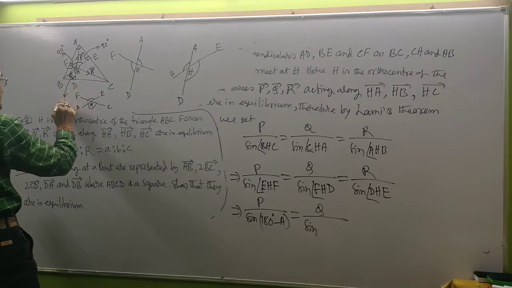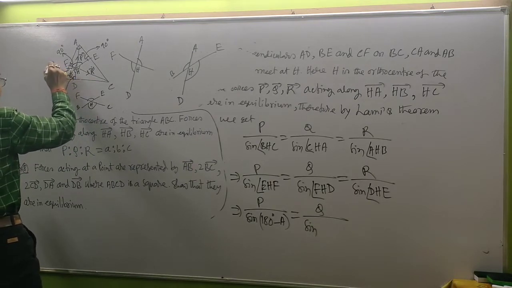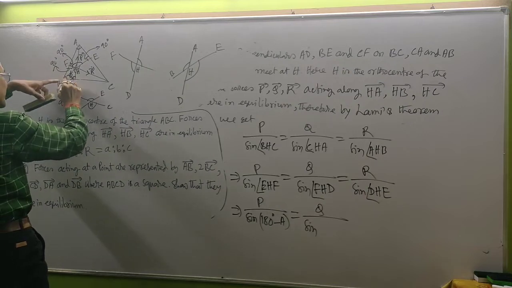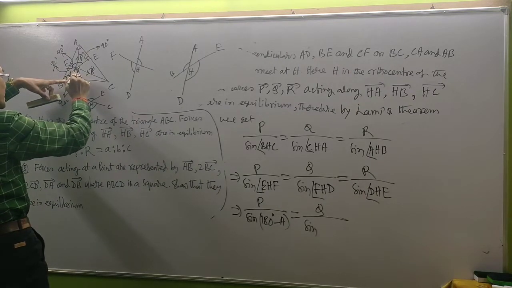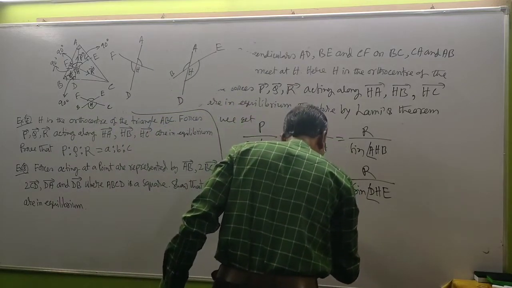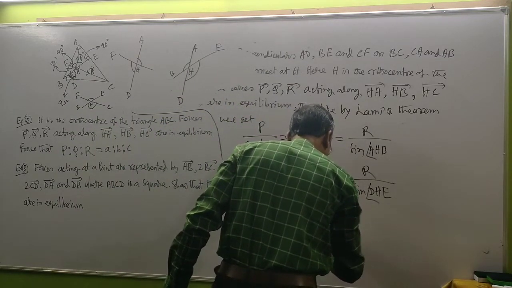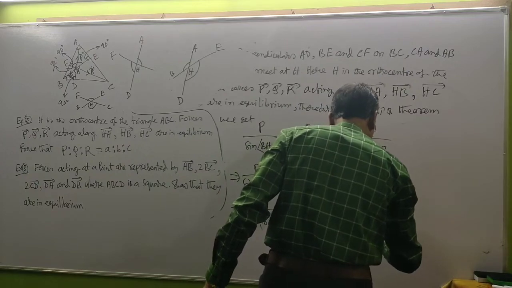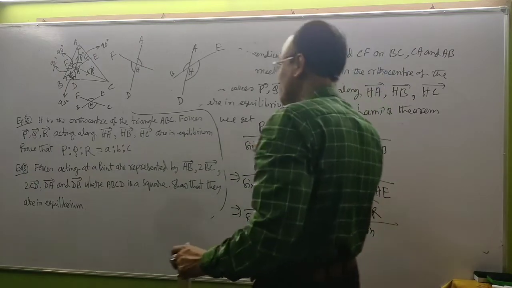This is a quadrilateral, so this plus this should be equal to 180 degrees. What is this? 180 degrees minus B. And here also, sine DHE.